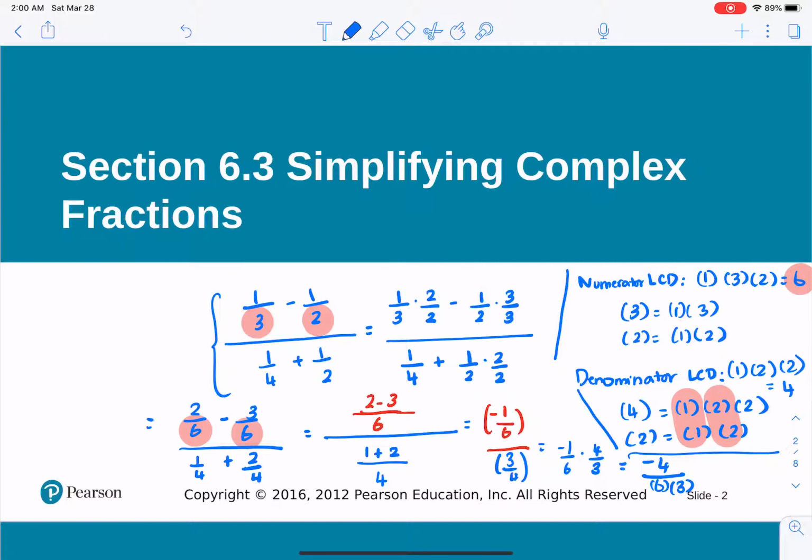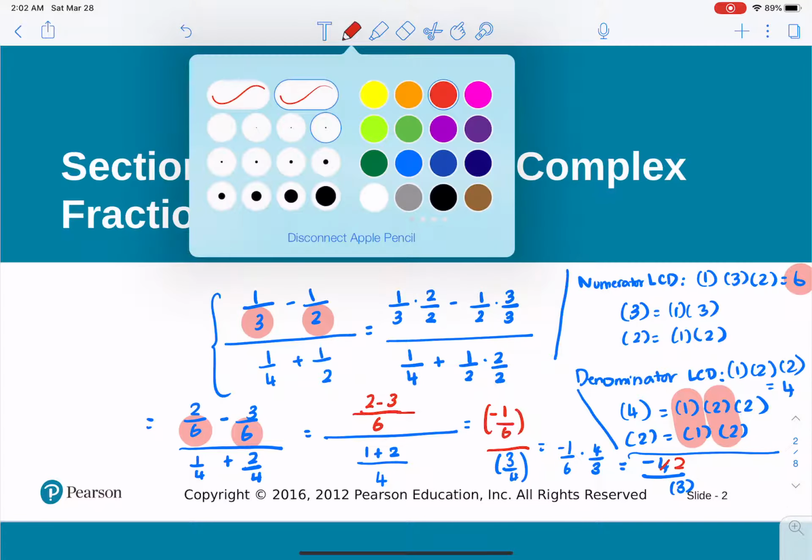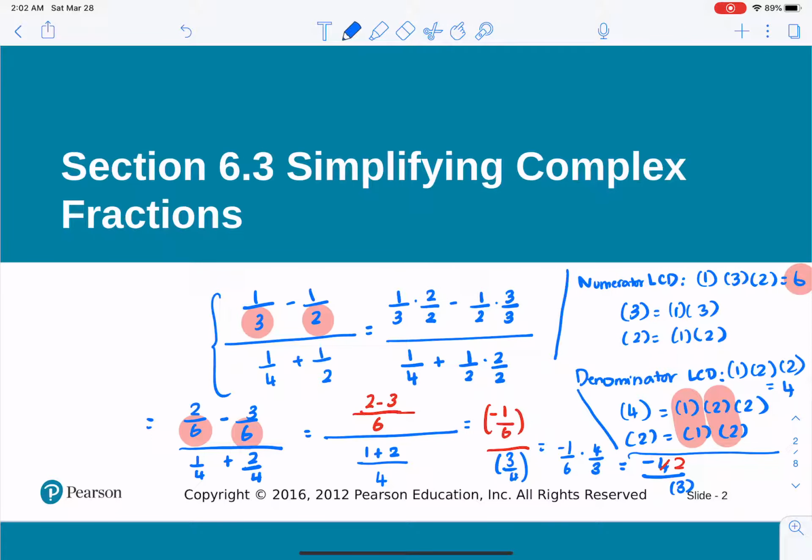There is a 2 in common, so 2 would go away. Sorry, that's a 3. Bad algebra. So our answer would simply be negative 2 over 9.